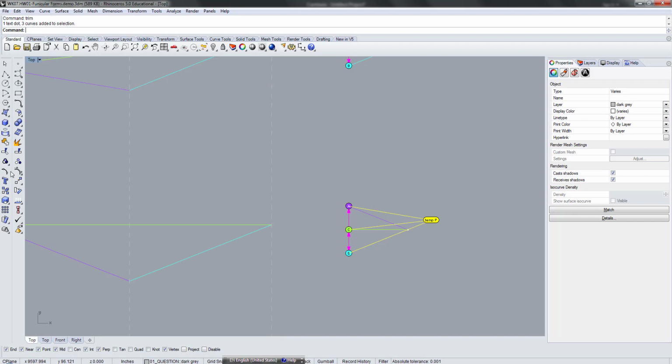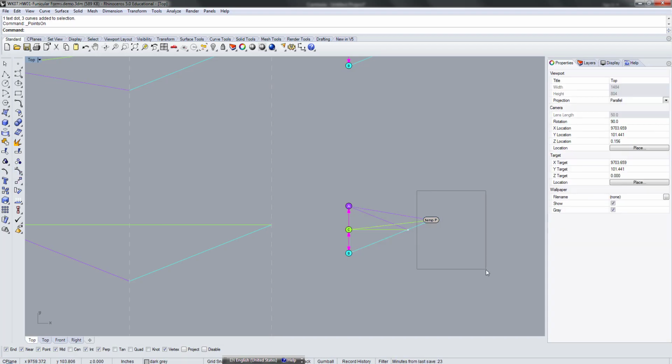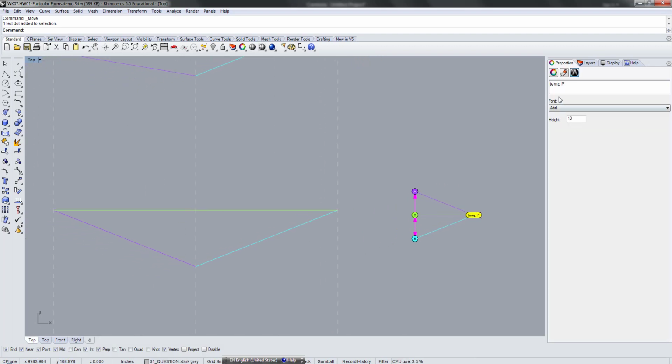So we can move this entire point by turning on the edit points. Let's grab this point and move it from here to that intersection point. And let's call this point P.